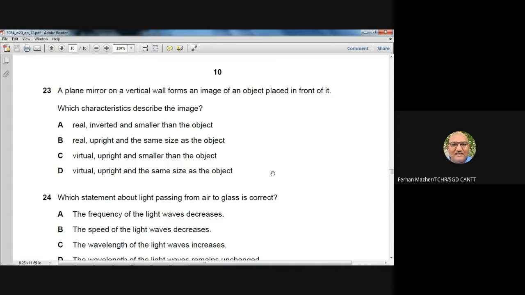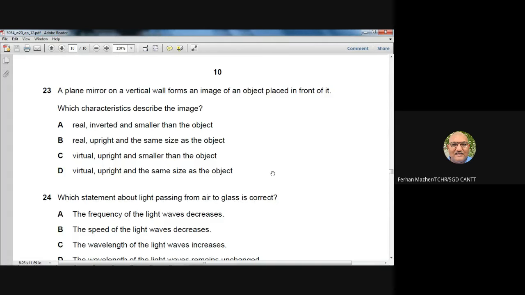The size of the image is equal to the size of the object. The distance of the image from the plane mirror is equal to the distance of the object from the plane mirror. The image is laterally inverted. Laterally inverted means the right of the object appears to be the left of the image, and the left of the object appears to be the right of the image.